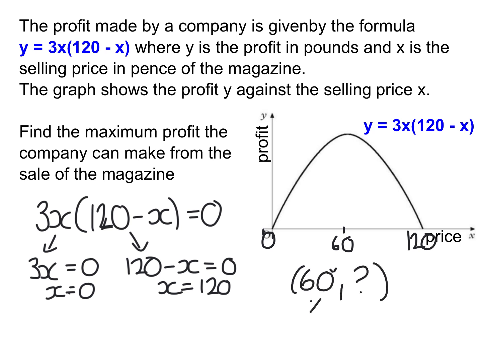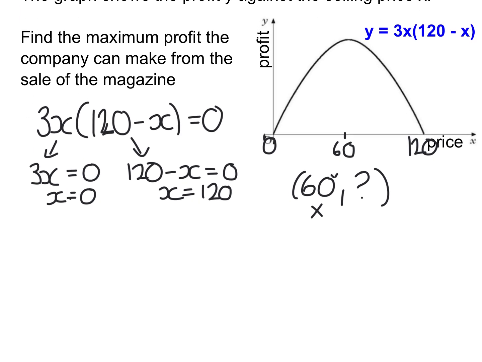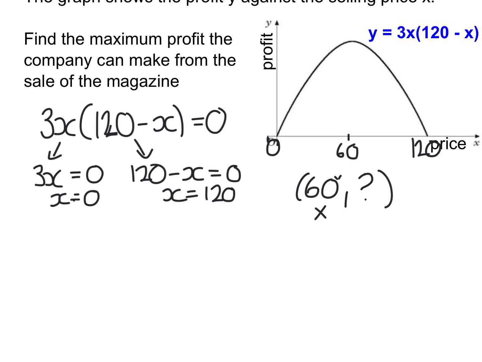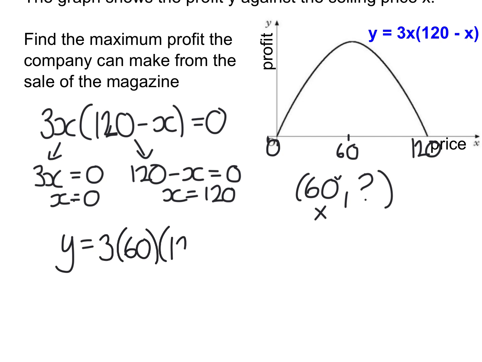So I now have a value of x to substitute in. So into my equation, I'm going to replace x with the number 60, and that will give me the profit. So y equals, you've got 3x in the equation, so you've got 3 times 60, and then in the bracket, you've got 120 take away 60. If you work this out, 3 times 60 is 180, and 120 take away 60 is 60.